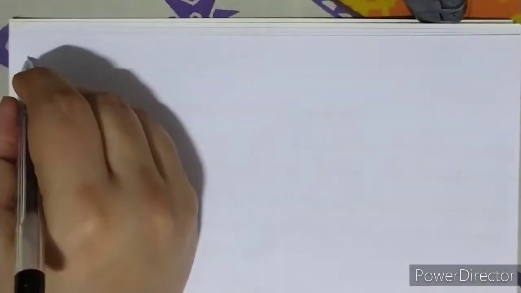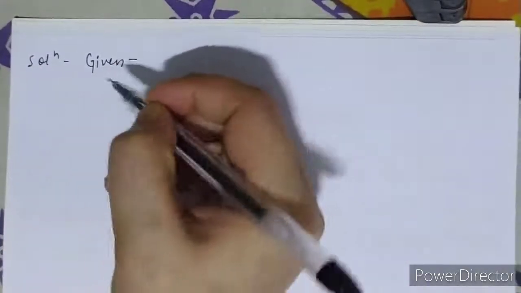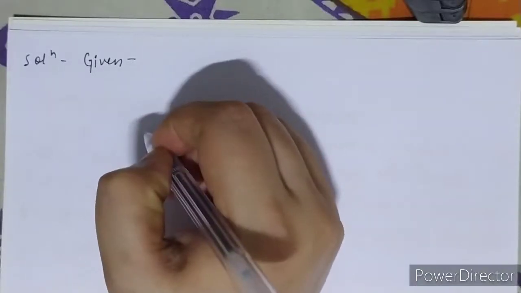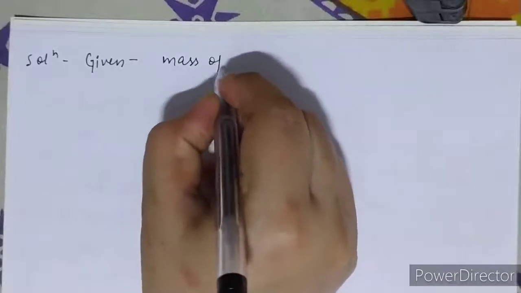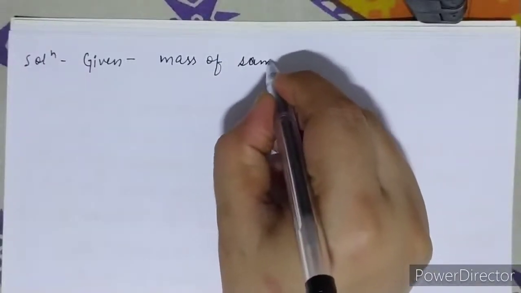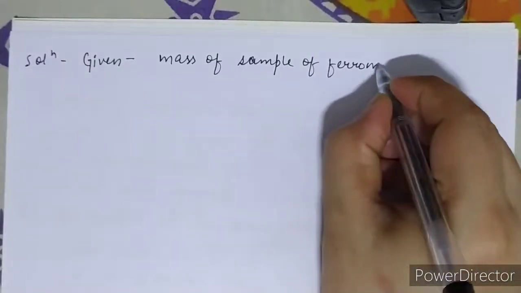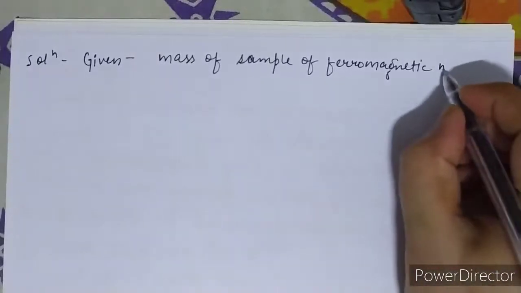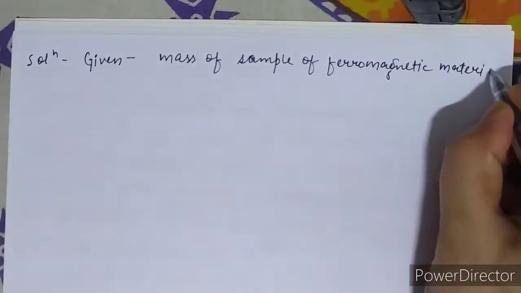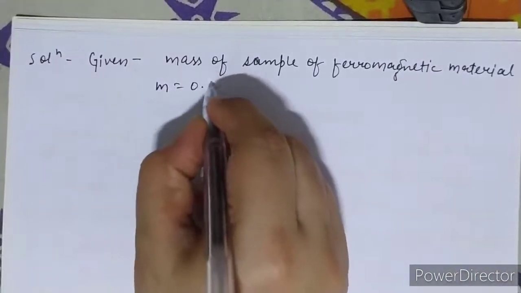So first of all we have to write down the given values. The mass of the sample of ferromagnetic material is M equals 0.6 kg.